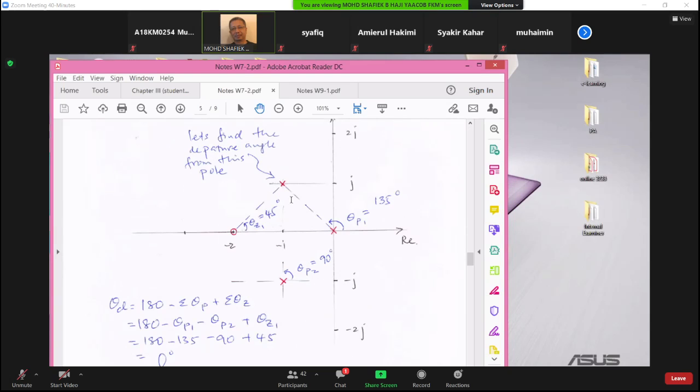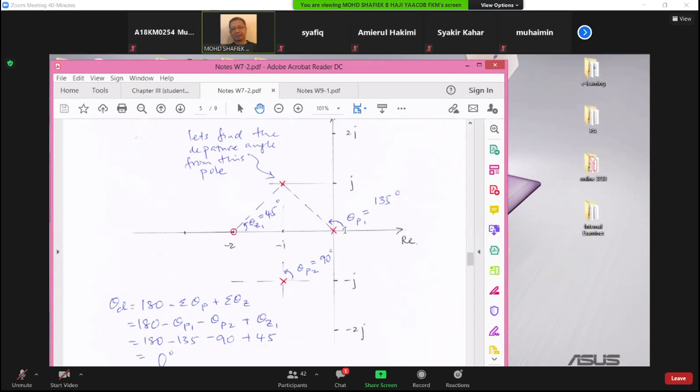In this case, you have these two complex poles. You just need to find the departure angle from one of them, because the other is going to be symmetrical. Let's say you want to find the departure angle from the complex pole above the real axis. You need to find the angle from the other poles and zero. So you have two other poles and one more zero.